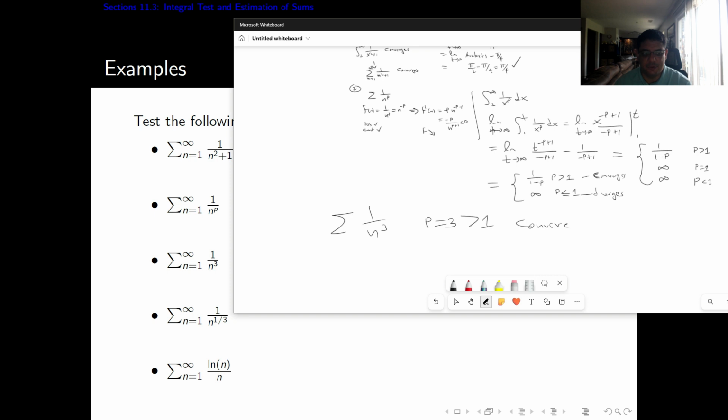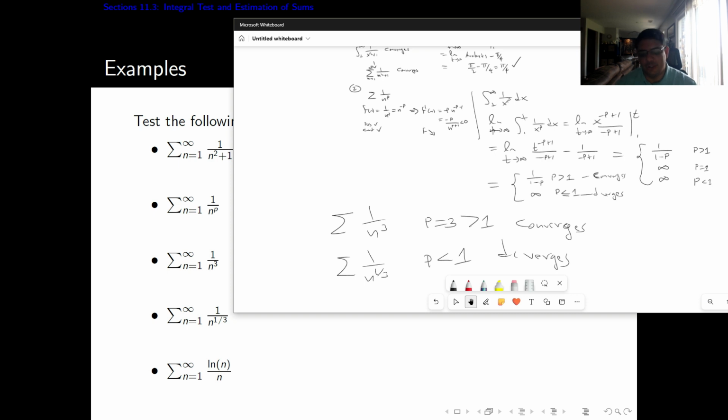Of course, I'm just doing it here because it's an example. If you ever had 1 over n cubed, you had to do this whole process to actually show me that you know how to apply integral tests. I'm just showcasing here in these two examples that that's gonna happen with this. Here p is less than 1, so it diverges.